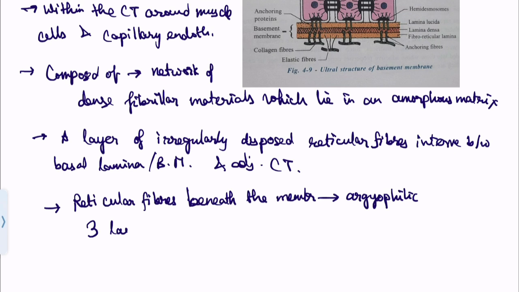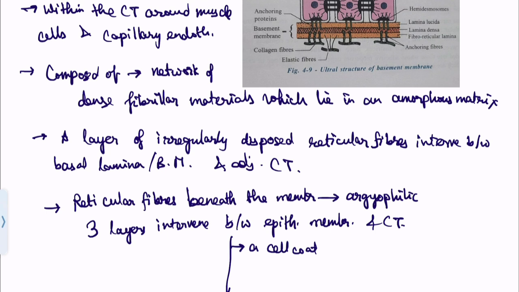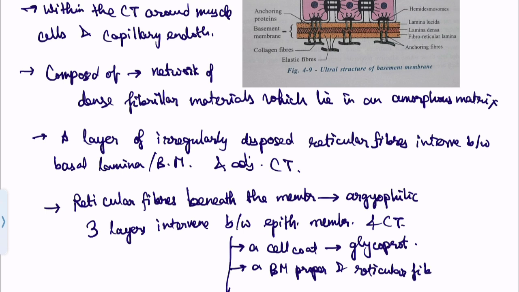Three layers intervene between epithelial membrane and connective tissue: a cell coat made of glycoprotein, a basement membrane proper, and reticular fibers forming lamina propria.